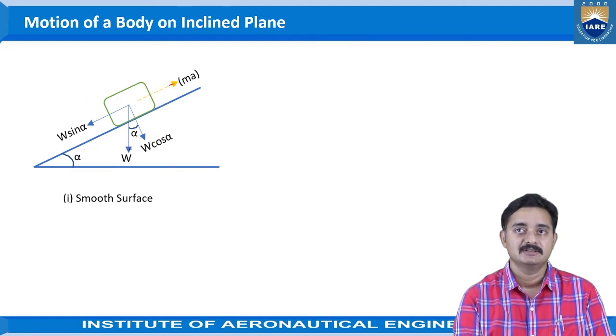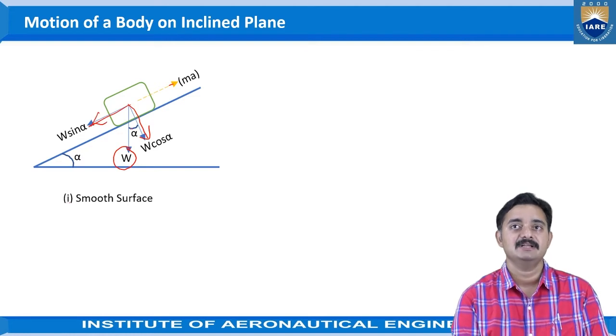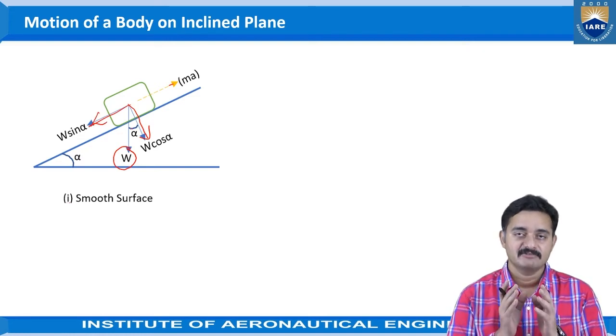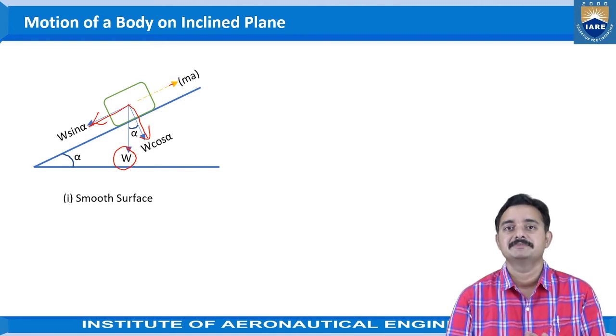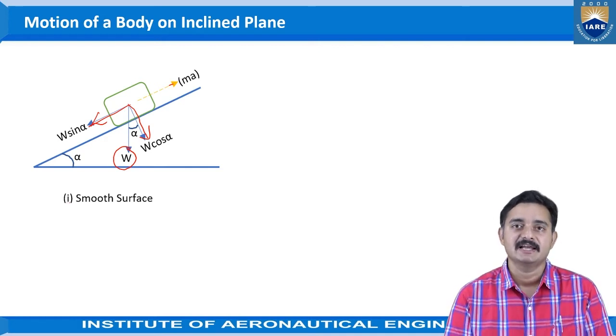Here you can see this weight W is being resolved into mutually perpendicular components. This is happening because this vertical force, the weight of the object, will be an inclined force for the case where this plane is inclined.